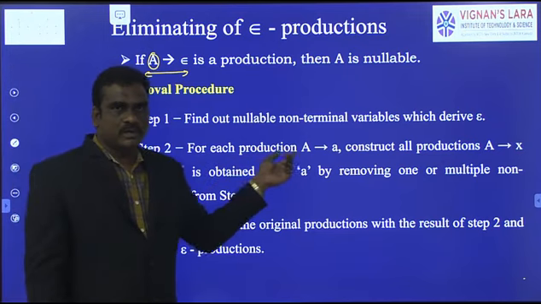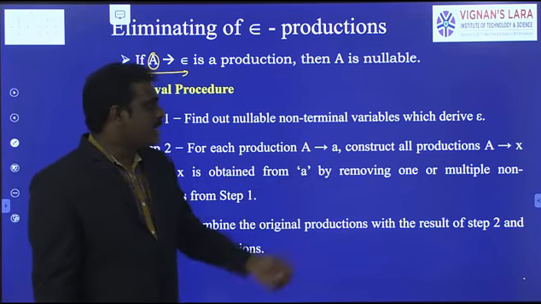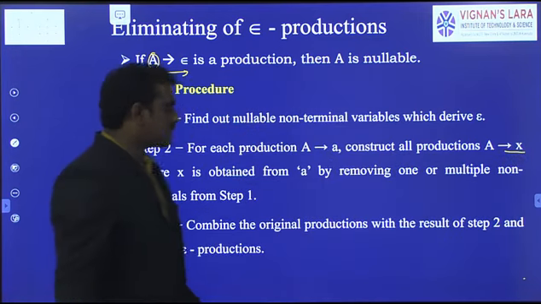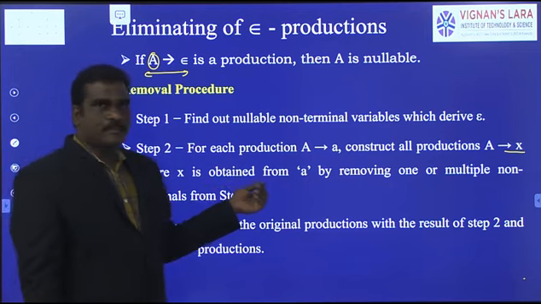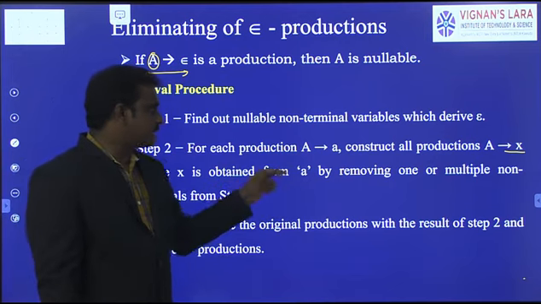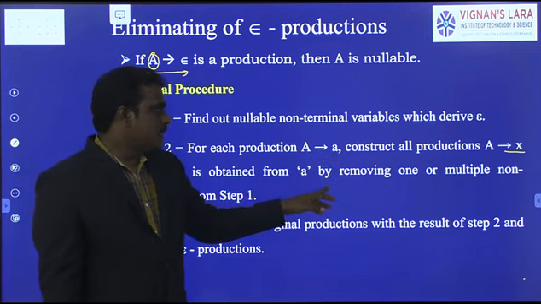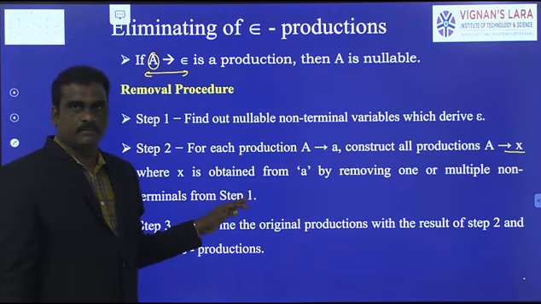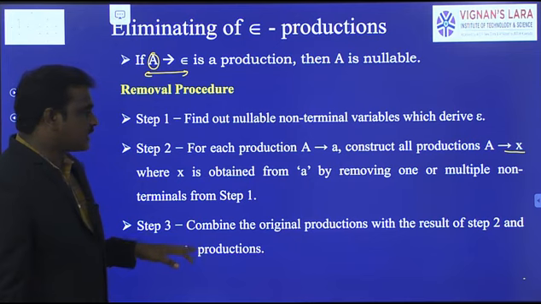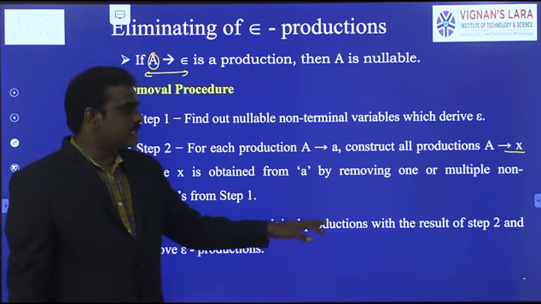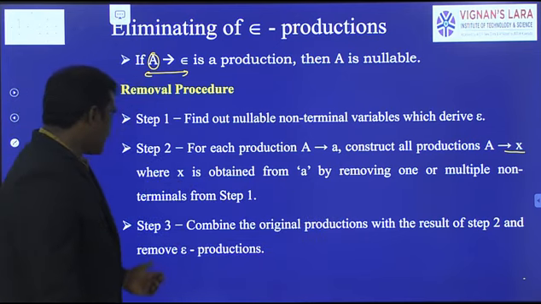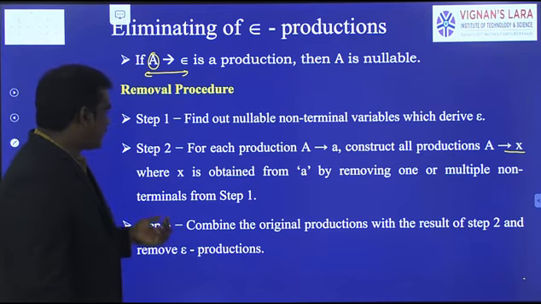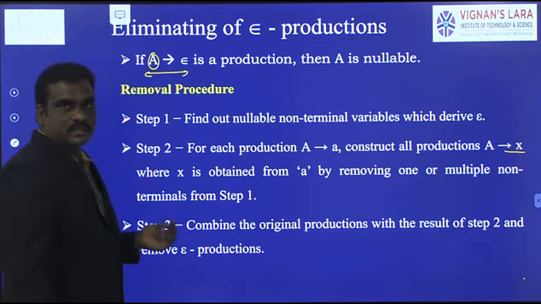For each production A to alpha, construct all productions A to X, where X is obtained from alpha by removing one or more nullable non-terminals from step 1. And the third step is to combine the original productions with the result of step 2 and remove epsilon productions. Now I will explain step 2 and step 3 with an example.